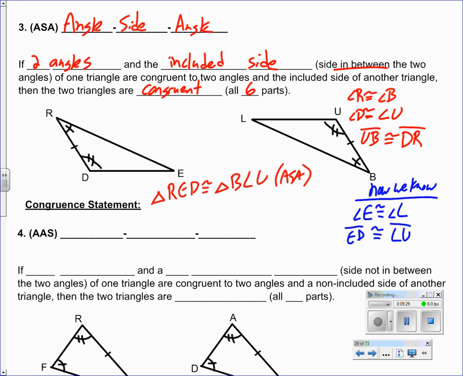And we know that side RE will be congruent to side BL.